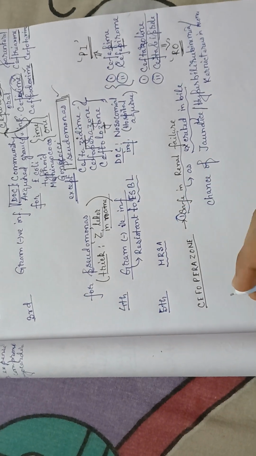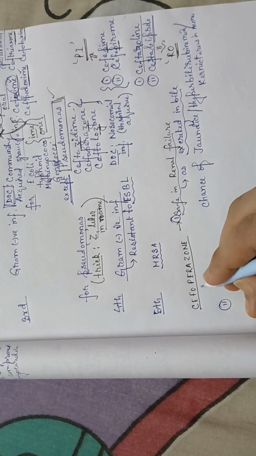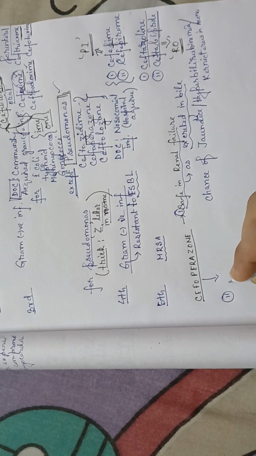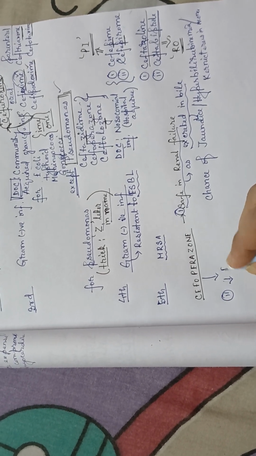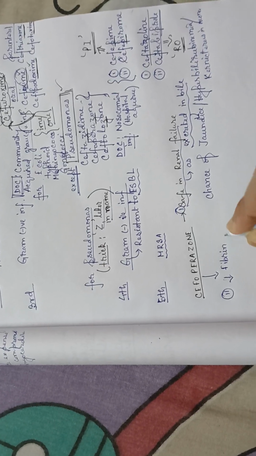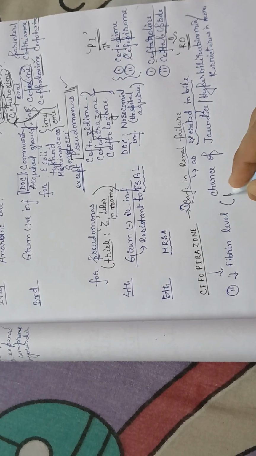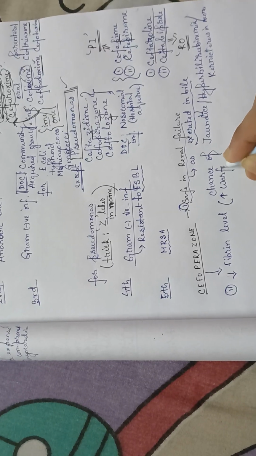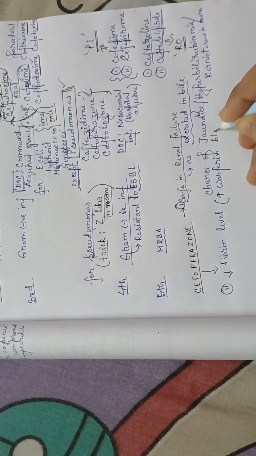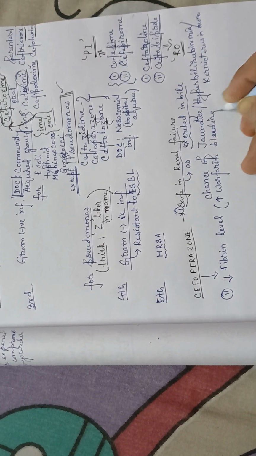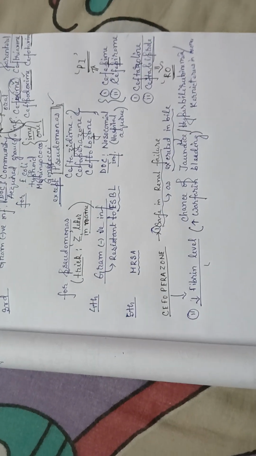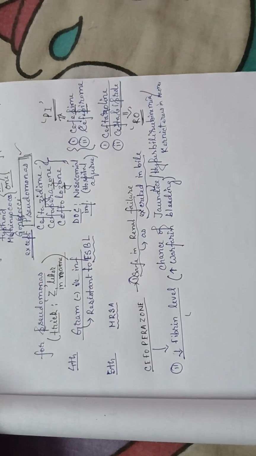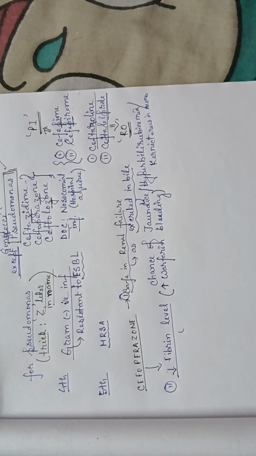Second, cefoperazone has a mechanism of reducing fibrin level, decreasing fibrin level. So there is an increased risk of warfarin bleeding. Why? Now we have to know why there is a reduction in fibrin level: because cefoperazone has an MTT ring, methyl thiotetrazole.